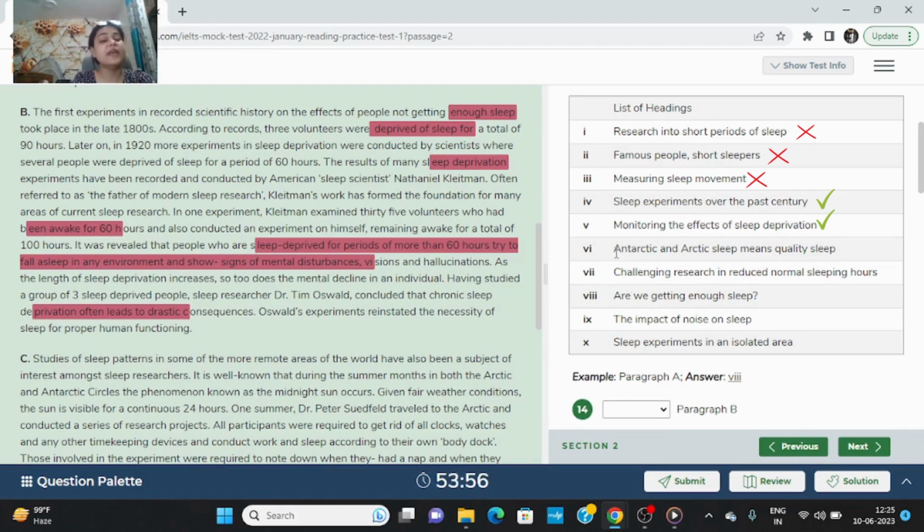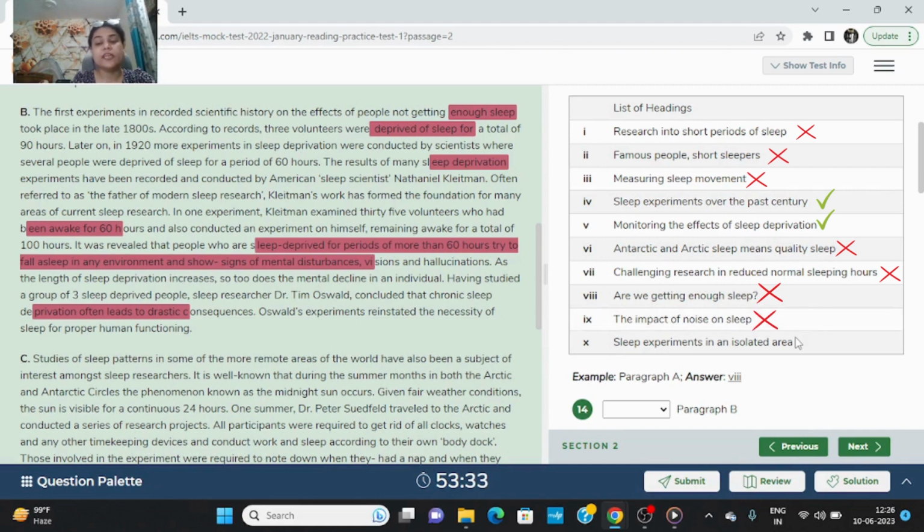I need to scan other headings as well so that I will be sure that this is the correct one for me. Antarctic and Arctic sleep means quality sleep. No, they are not talking about that. Challenging research in reduced normal sleeping hours. No. Are we getting enough sleep? No, this is already eliminated. Ninth one, the impact of noise.